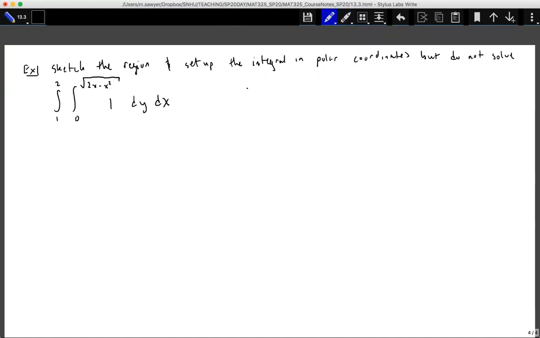Let's think about what this region looks like. x varies from 1 to 2, and y varies from 0 to the square root of 2x minus x squared. As you can see, this is not the same square root function that we've been dealing with earlier.